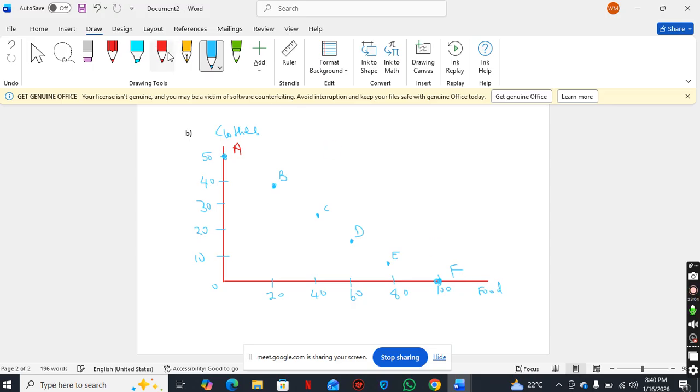So as you can see, this is a straight line. My graph is not to scale, but this is a straight line.